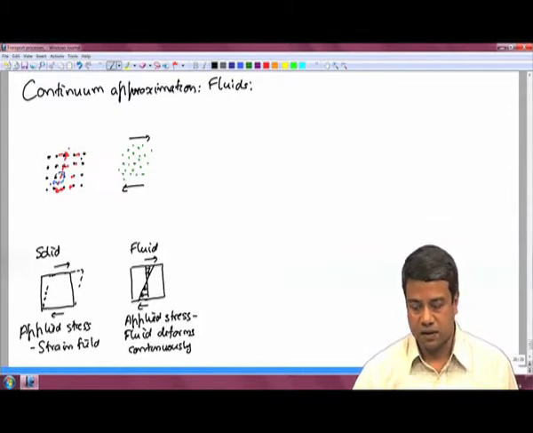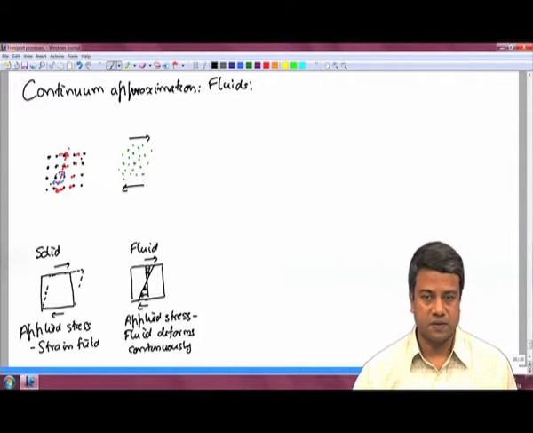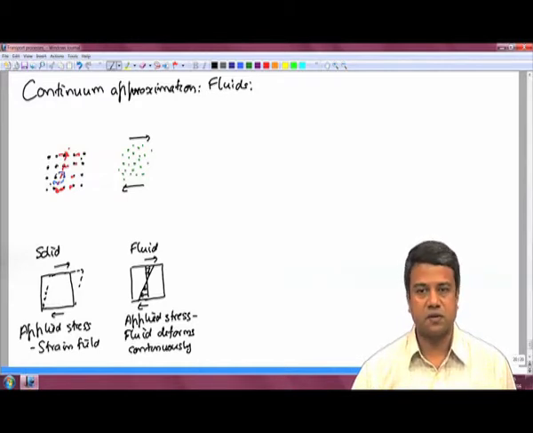However, in the case of solids, this motion takes place about defined or specified locations on a lattice, and therefore when you apply stress on a solid, it will deform to some extent and then it will stop when the restoring forces become equal to the applied stress.